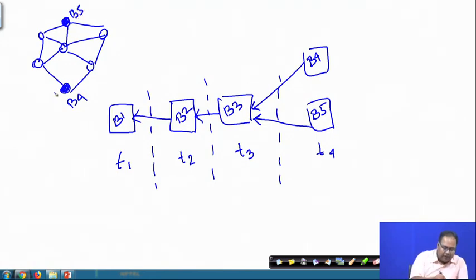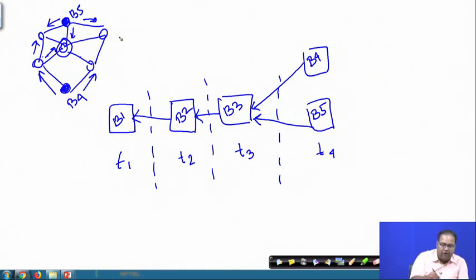This miner will broadcast this B4 block to its peers, and then this peer will again broadcast this B4 block. Similarly, this other miner will start broadcasting the B5 block, and this intermediate node will get a certain number of B4 blocks and a certain number of B5 blocks. So, it will accept the block which it has received from more peers. So, it has, say, 1, 2, 3, 4, 5 different peers.